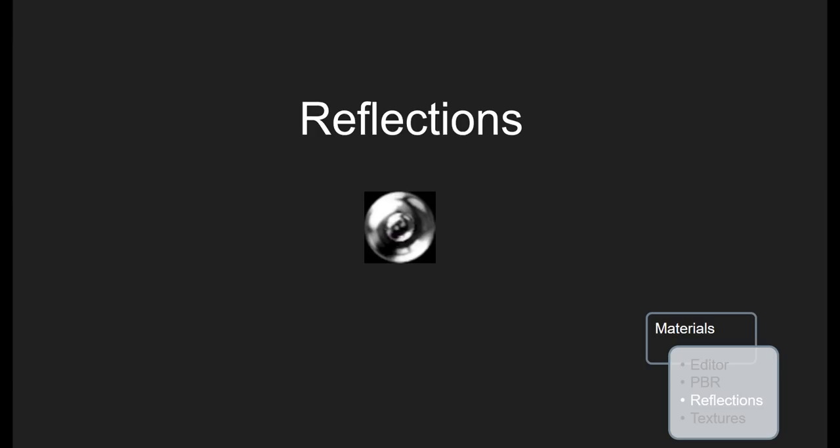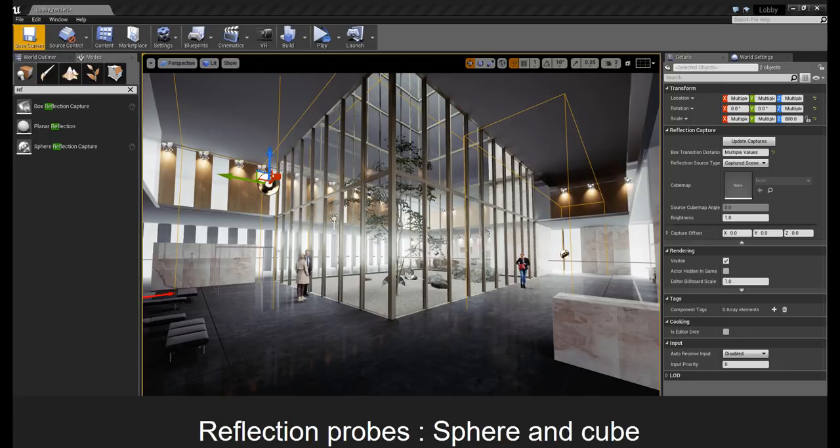Another thing is the reflections. Here, going back to this lobby scene, we've got 2 different types of reflection probes. We've got these sphere reflection captures, which work very well. They're very quick, and they are more geared towards reflecting the environment, because they act a bit like a dome and take up the environment, the sky, and so on.